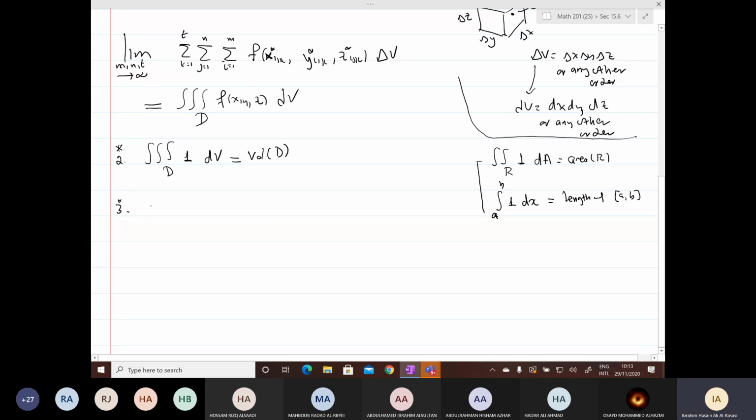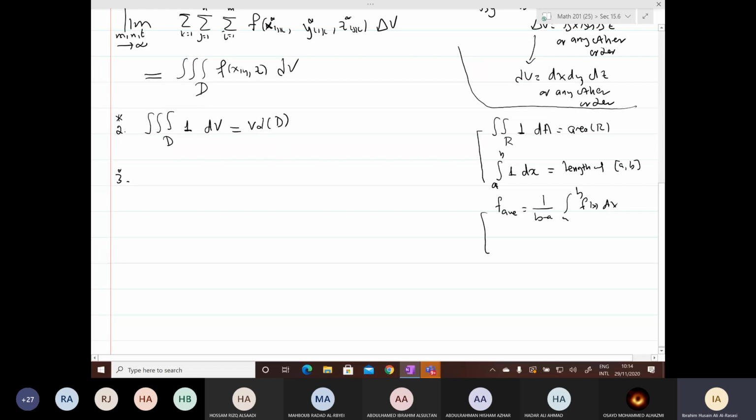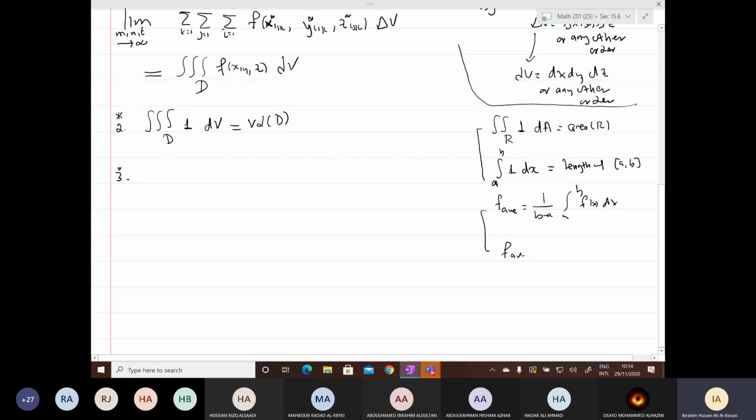Now we also have, for a function of one variable, the average value: 1 over (b minus a) times the integral from a to b of f(x) dx. For a function of 2 variables, what is the average value over a region?